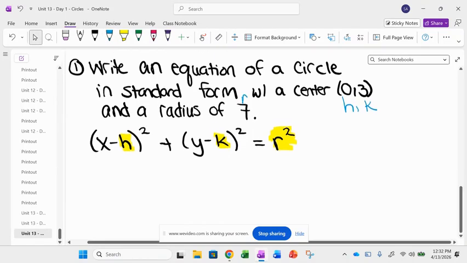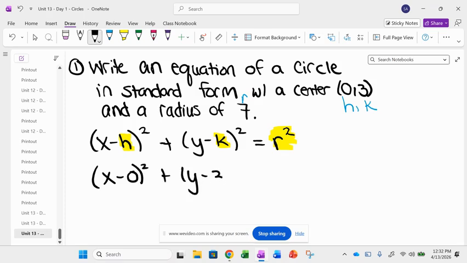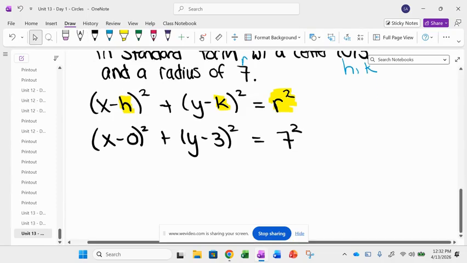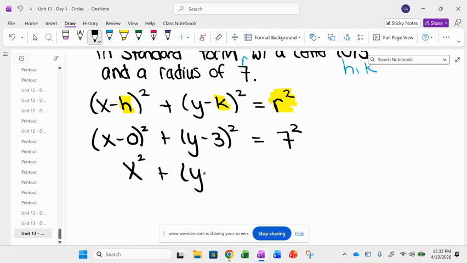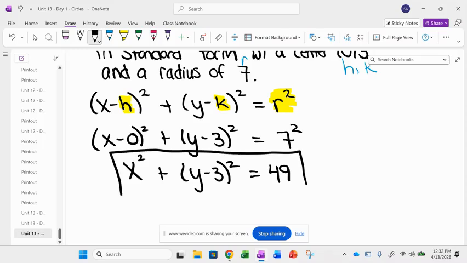So now all I have to do is plug right in. We have everything we need. So this is going to be x minus 0 squared plus y minus 3 squared equals 7 squared. Do I need that x minus 0? No. We're going to write this as x squared plus the quantity of y minus 3 squared equals 49. And so this is the equation of the circle in standard form. You can include the 0. I would be okay with that.